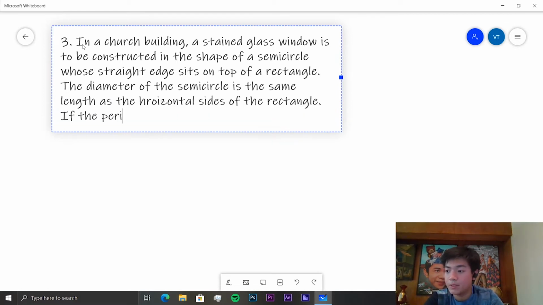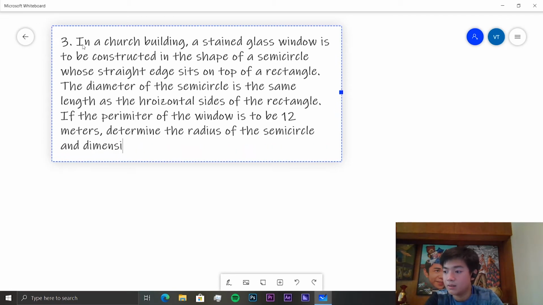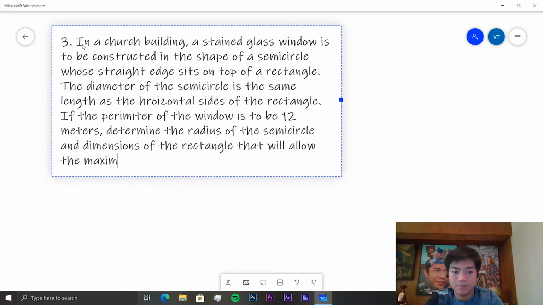If the perimeter of the window is to be 12 meters, determine the radius of the semicircle and dimensions of the rectangle that will allow the maximum amount of light to be let through.